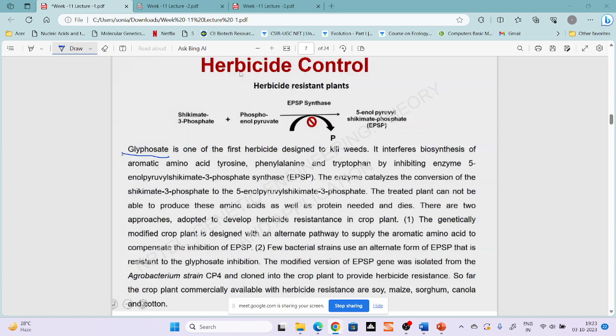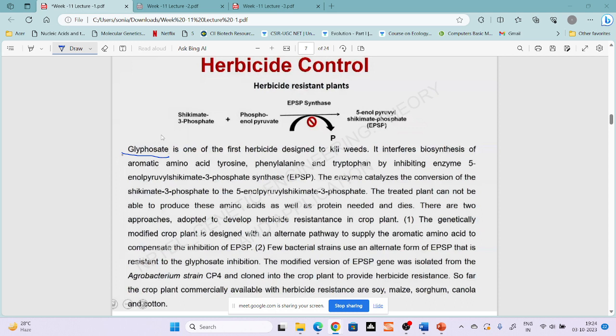So what scientists did was that they genetically modified the crop plant so that they are able to get these aromatic amino acids. Okay, so that is what they have written, that the genetically modified crop plant is designed with an alternate pathway to supply the aromatic amino acid in compensation for the inhibition of EPSP which is happening because of the glyphosate.